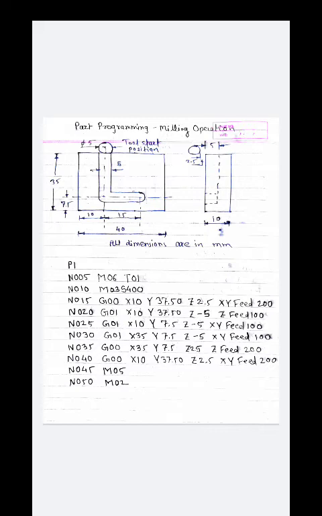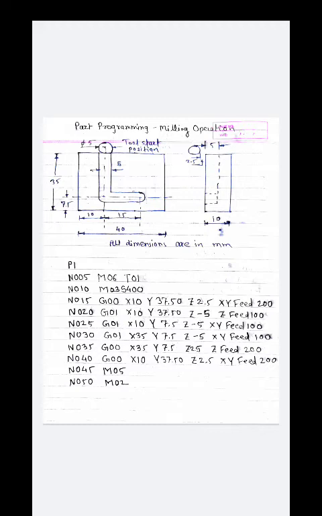in such a way you can do the programming for a milling operation. Now I am going to repeat the codes which we have used in the milling operation. So P1 is for our identification number, N is the sequential number, M06 code is for a tool change, T01 is to select the tool, M03 is for spindle clockwise direction.